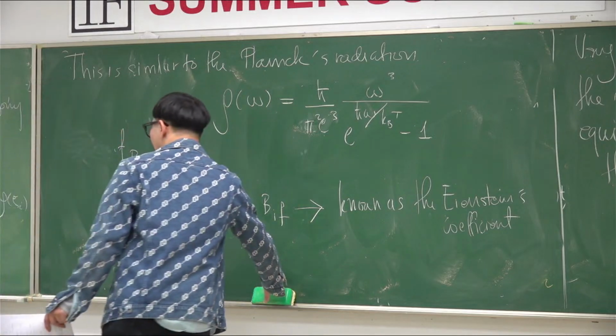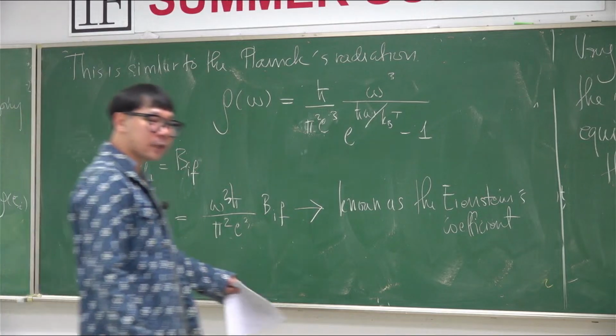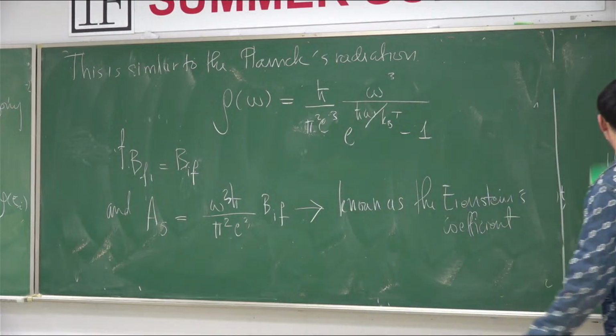So now, when we derived this relation, we also included the external field, right? That is the reason why. Next, if we exclude the external field, what will happen?